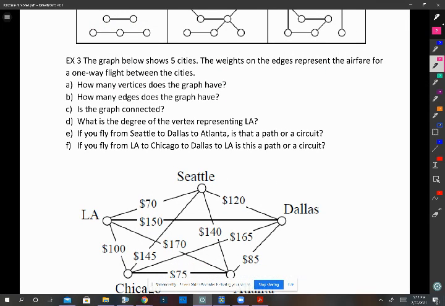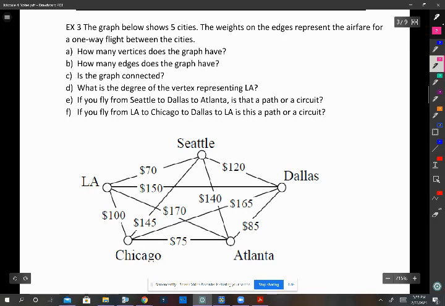Example 3 talks about the graph shown below, which shows 5 cities, and the weight is the airfare cost to fly from one city to the next. It says, how many vertices does the graph have? The vertices are the corners, or the cities that you're traveling to. So you've got 1, 2, 3, 4, and 5. So there's 5 vertices. And it says, how many edges is that?